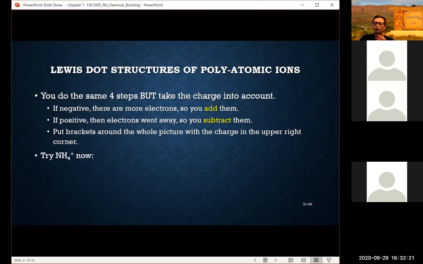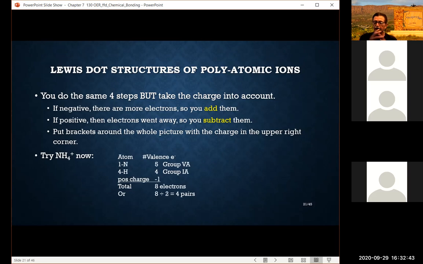Let's try the ammonium ion. So NH4 plus. We know it's an ion because we're told here it's got a plus charge, okay? Not to confuse that with NH3, which is ammonia, which is a neutral compound. So we do the same thing like we've done before.